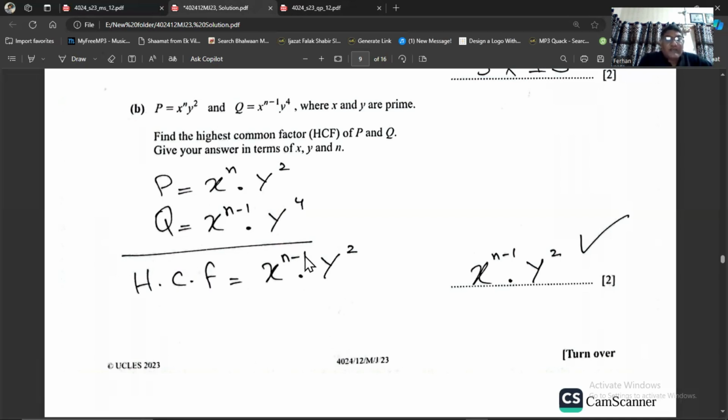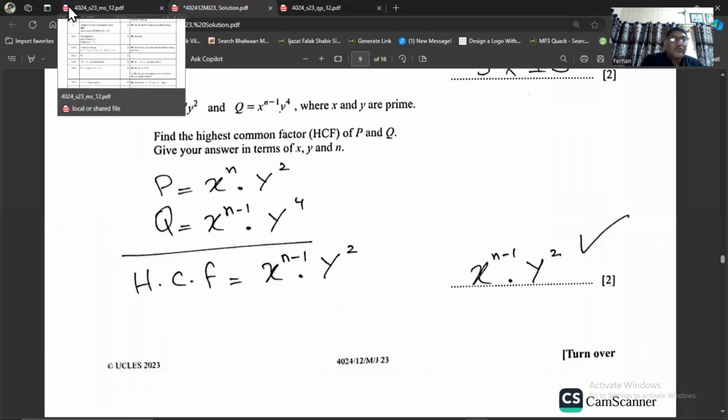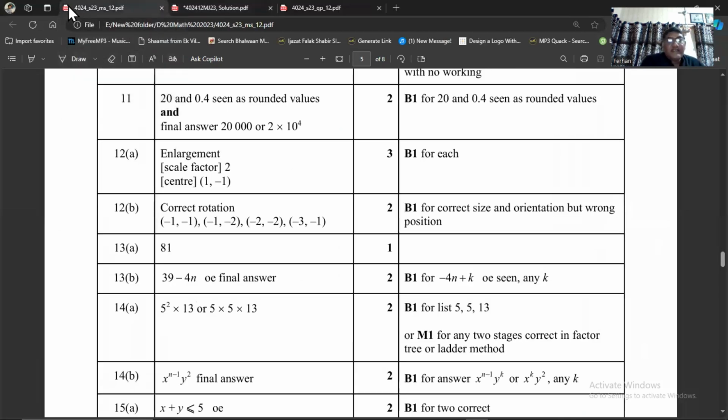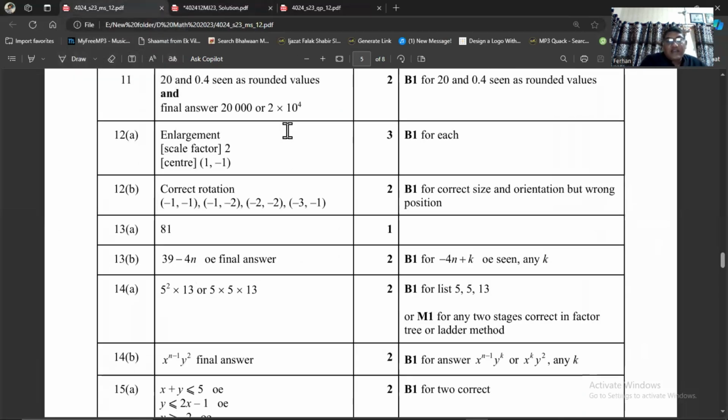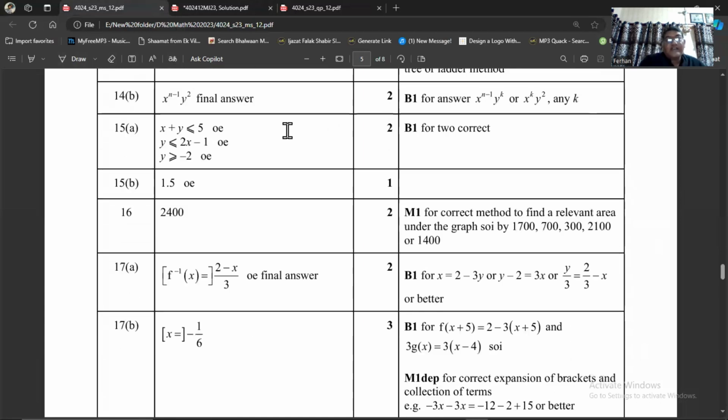So x raised to power n minus 1, and for y I will also take the smaller power, y squared. So this is my HCF, x raised to power n minus 1 into y raised to power 2. This is my HCF, and that is right.